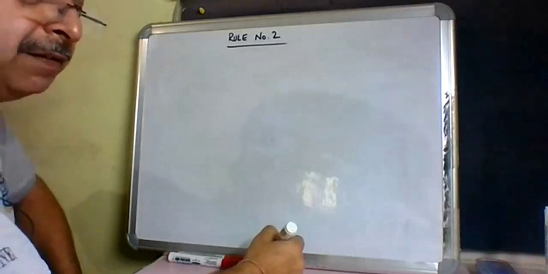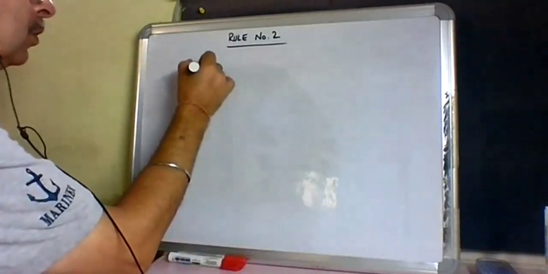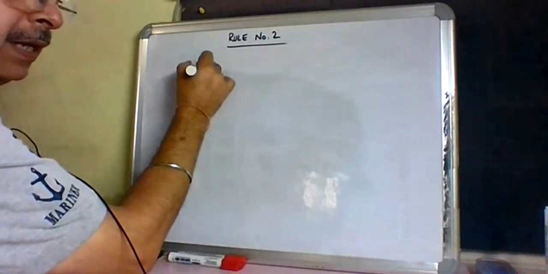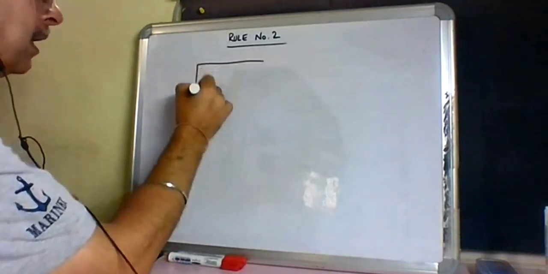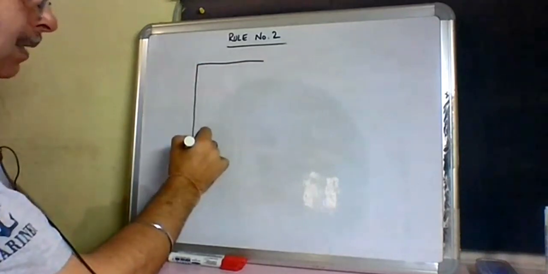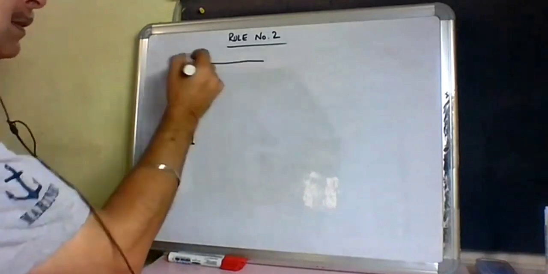And half breadths are given. That means half a bulkhead is given. So a bulkhead has a certain top, a certain height, and a certain bottom. This is the top of the bulkhead.